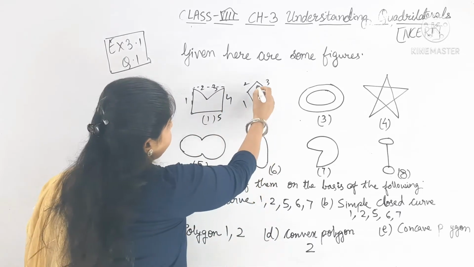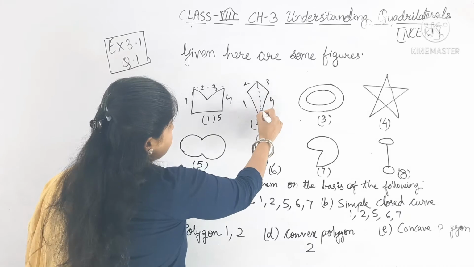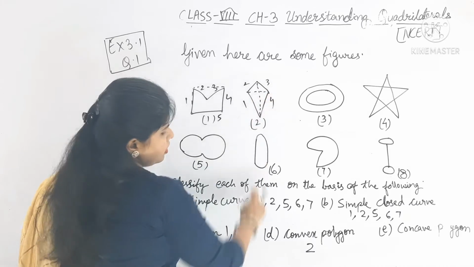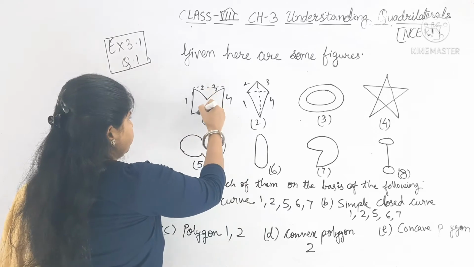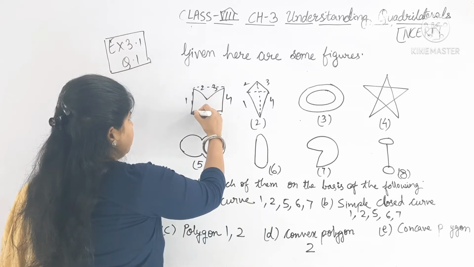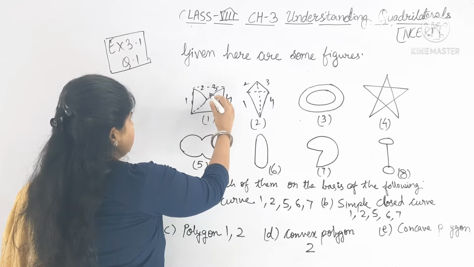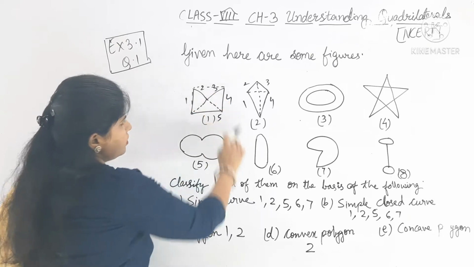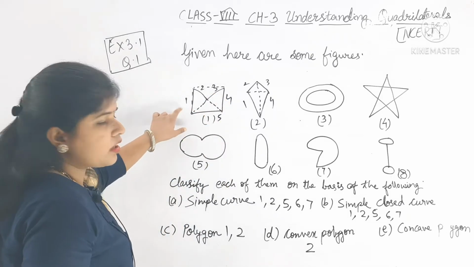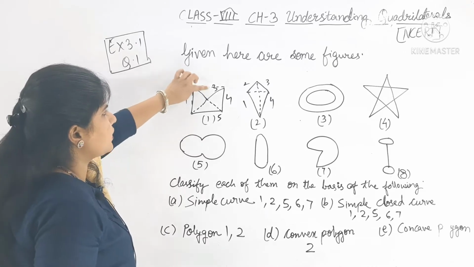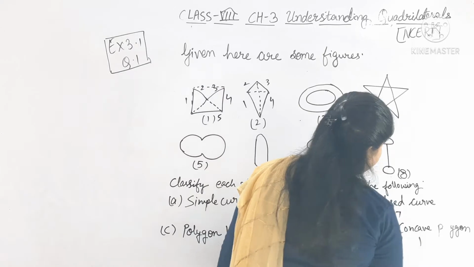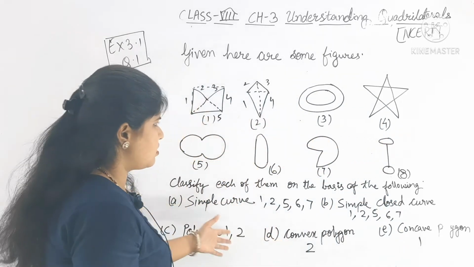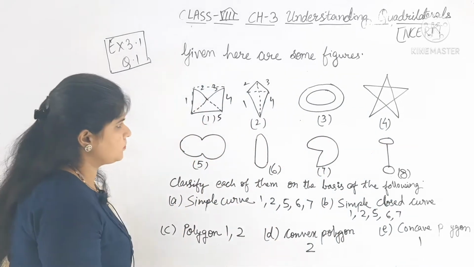Here its diagonal is interior, so this is a convex polygon. These are the diagonals of the concave polygon. Here the diagonal is exterior. So here number 1 is the concave polygon. That is the solution for question number 1.